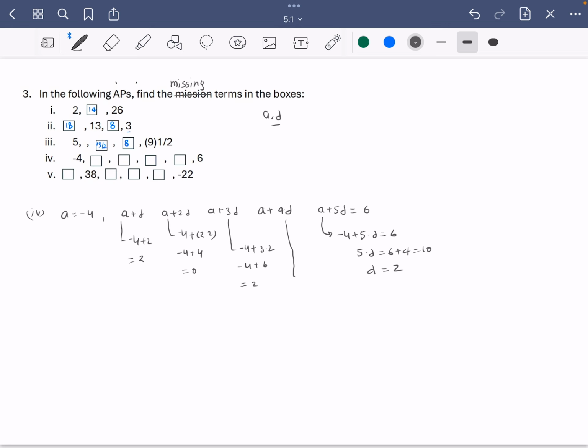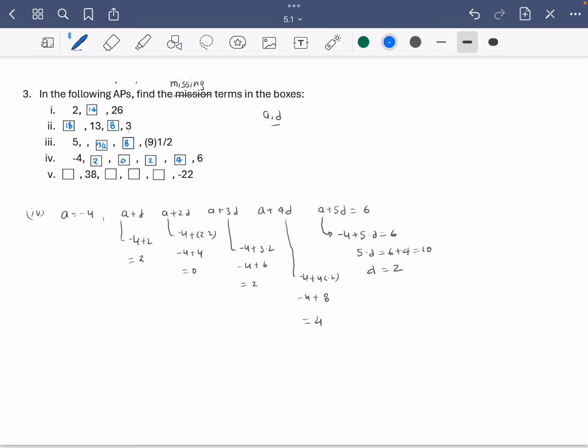And this term should be negative 4 plus 4 times 2, negative 4 plus 8 is going to be 4. So these terms would be 2, 0, 2, 4 and 6.